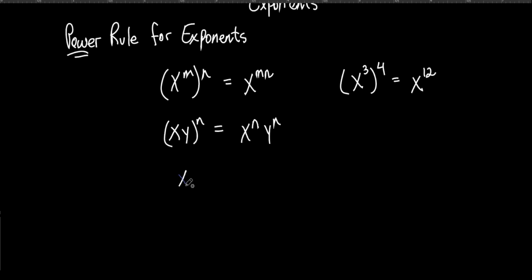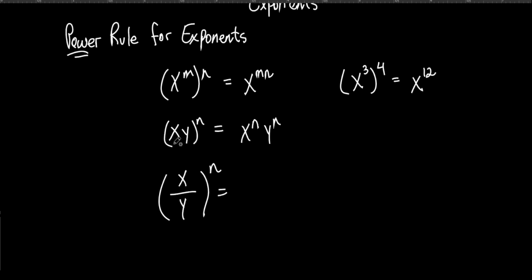Let's do one with division. It's basically the same thing as this, except it's N, and this is also to the n power. If something's being divided and it's in parentheses and everything's to the n power, that means we take everything in here to the n power, and then we do what it tells us to do.